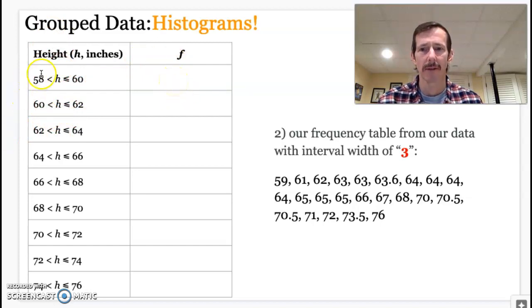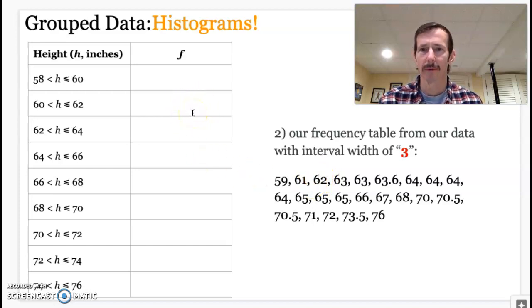So if this is everything bigger than 58 up to and including 60, then if I'm going to build my frequency table from that, then 59 would be the only one that would fit into that particular box, and this F is for frequency. So everything taller than 60 inches but up to and including 62 would include this 61 and this 62, so I put a 2 in here.